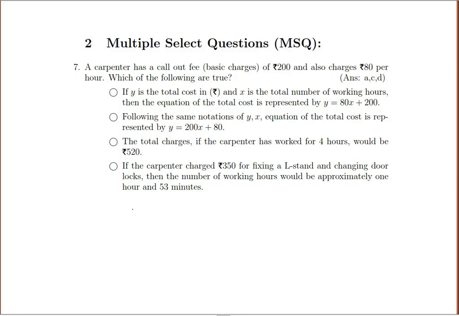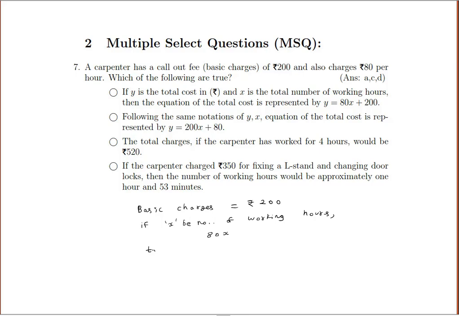So let's write this down. Basic charge is rupees 200 and 80 per hour is the additional charge. So let's say x is the number of working hours, then the additional charges will be 80 times x.